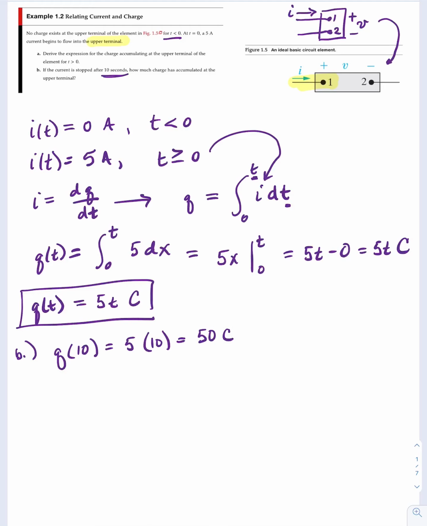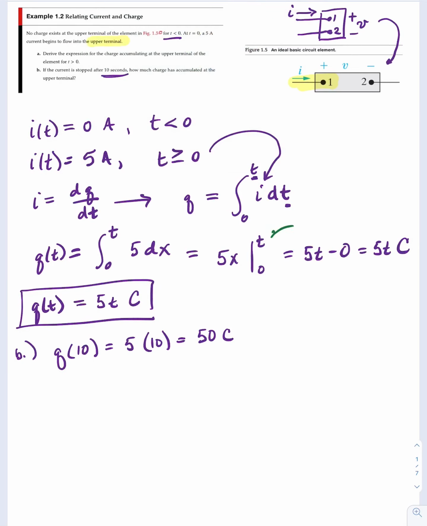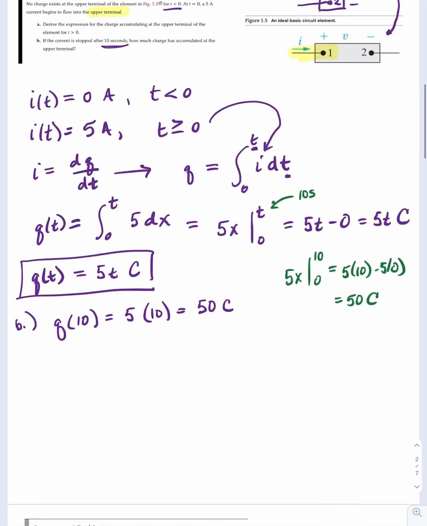Or we could substitute 10 in at this point, and 5x from 0 to 10 seconds would be 5 times 10 minus 5 times 0, which is equal to 50 coulombs. Okay, that takes care of this problem.